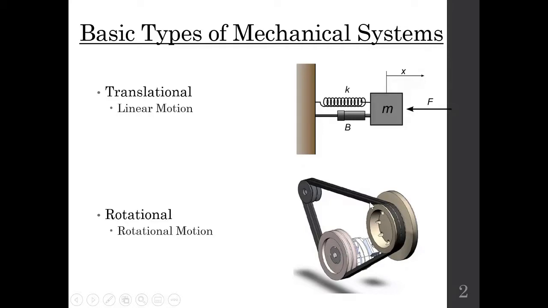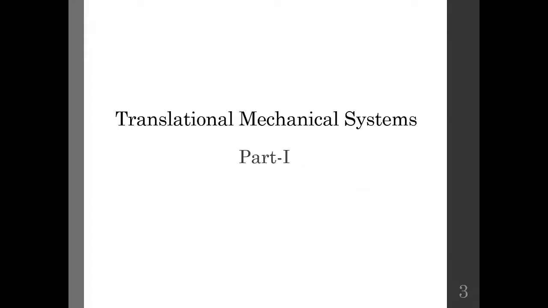As you can see in this picture, we have pulleys which are connected by a belt. So whenever some kind of force is applied on these pulleys, they will always move in an angular way. So let us study translational mechanical systems.